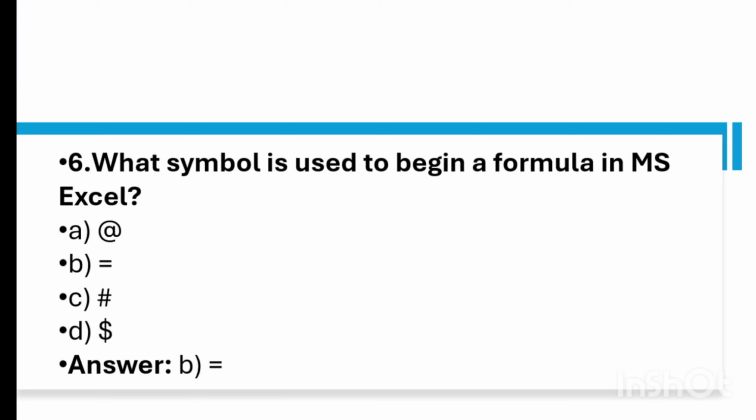Question number 6. What symbol is used to begin a formula in MS Excel? Options are A. @, B. equal to sign, C. hash sign, or D. dollar sign. So the correct answer is option B, equal to sign.